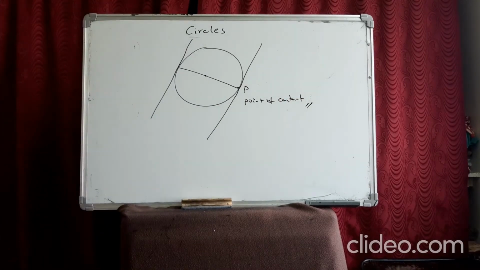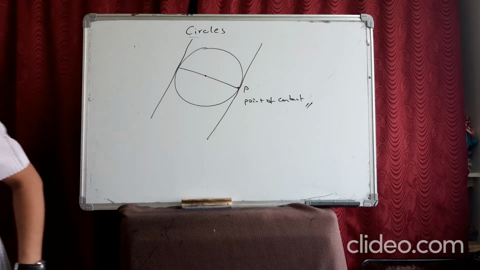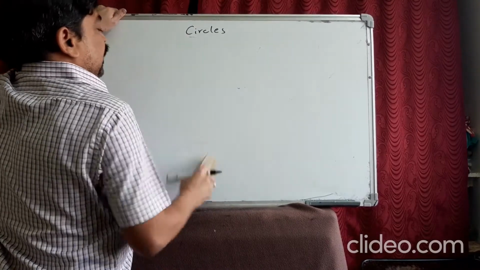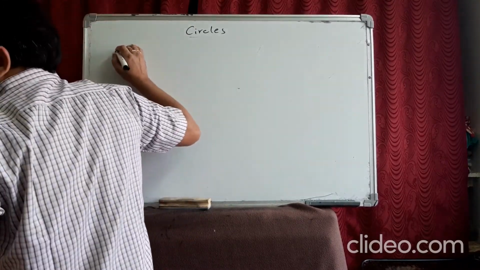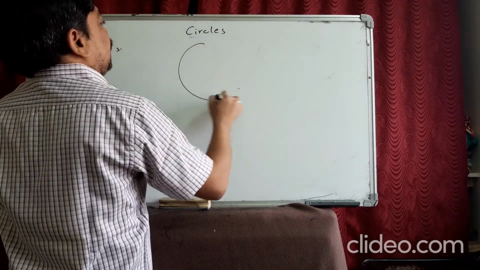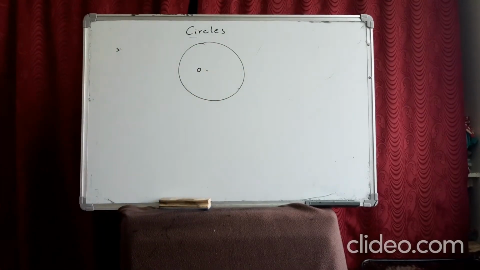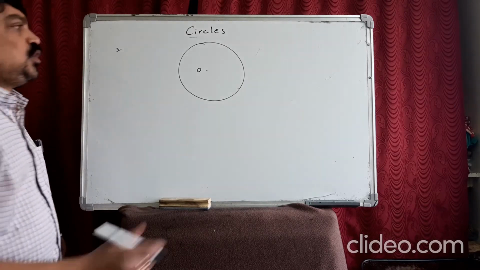Okay. Next one. A tangent PQ at a point P of a circle of radius 5 centimeters, and here we have to apply the theorem property. See what is happening here in question number 3. Center is O. A tangent PQ at a point P of a circle meets the line through the center O at a point Q so that OQ is equal to 12.